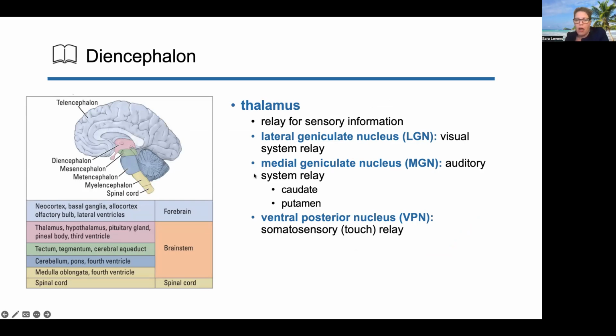We have a similar thing for the auditory system, which has the medial geniculate nucleus. These are sensory spots or pathways that information passes through, where there can be preliminary or initial automatic processing. And then we also have the ventral posterior nucleus, which is involved in somatosensory, or touch, relay. So basically we have sensory relays for most of our primary senses: visual, auditory, and somatosensory.